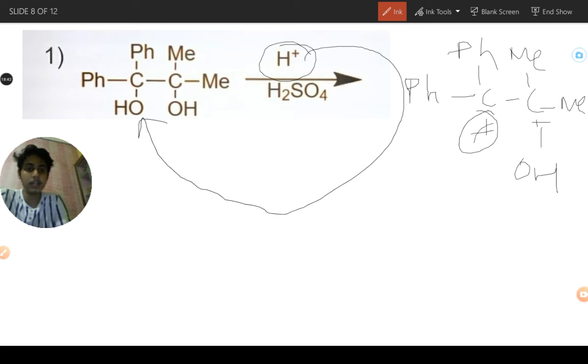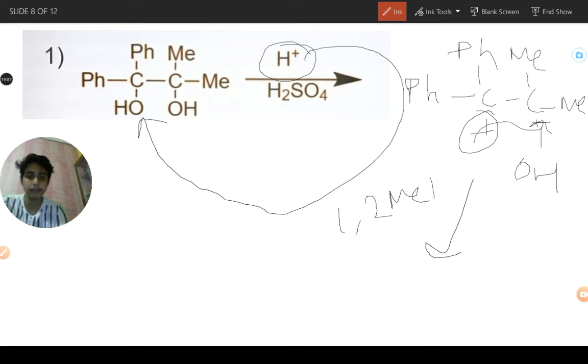The carbocation will try to shift towards this carbon to be plus M stabilized, because CH3 has more plus M effect. So it will try to go towards that position to get plus M stabilized. So here we will see there will be a methyl shift rather than a phenyl shift, because there is no phenyl over here. So here we will be writing 1,2 methyl shift.